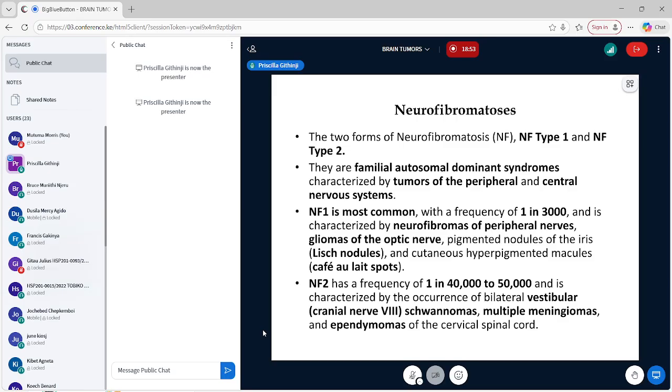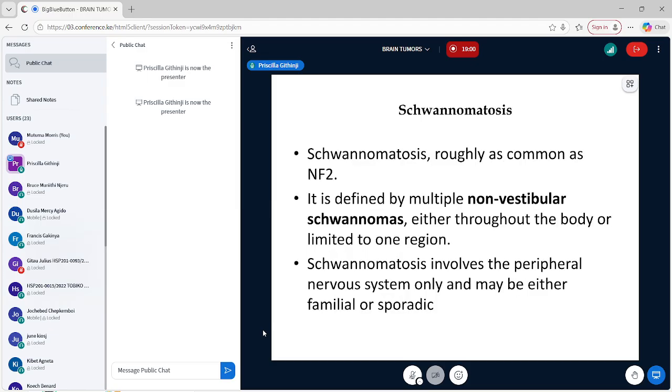For your schwannomatosis, this will give you non-vestibular schwannomas either throughout the body or limited to one region.